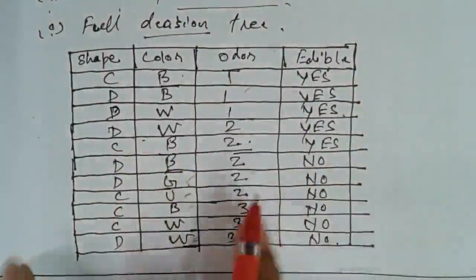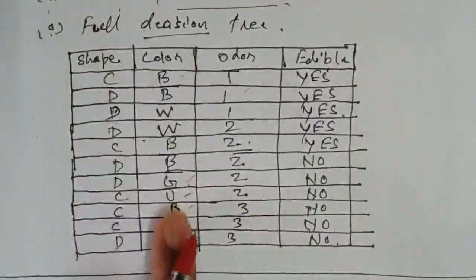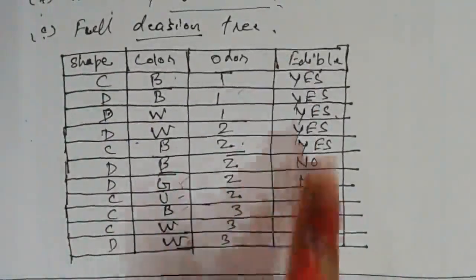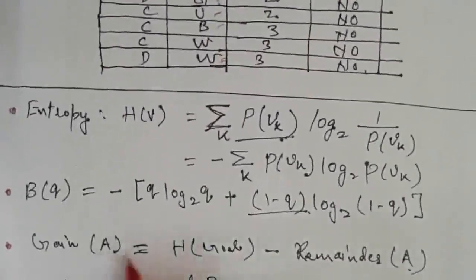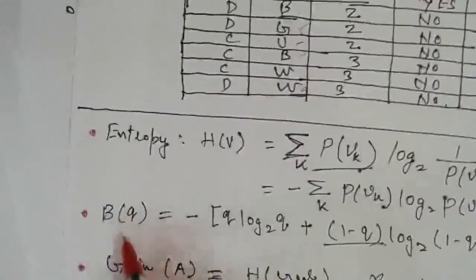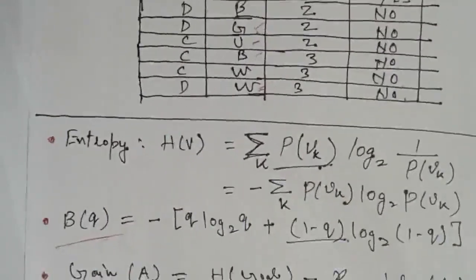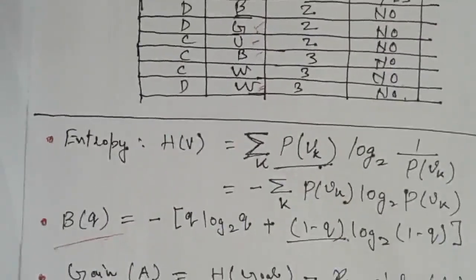So the odor attribute takes 3 values, color takes 4 values, shape takes 2 values, and the output has only 2 values. So we can apply the formula B of q in this problem, right? So how is a decision tree calculated?